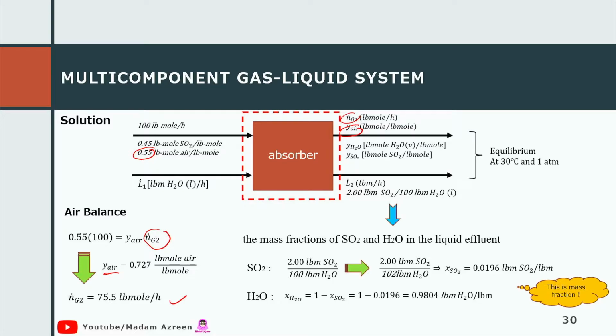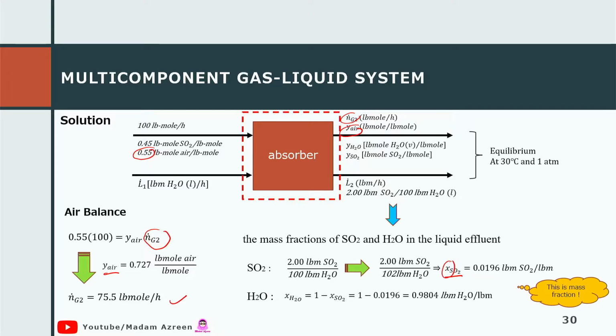And then the mass fraction at this stream. The information given is the ratio of SO2 over 100 H2O. From there, we can determine the value of the mole fraction, or the mass fraction in the liquid phase.